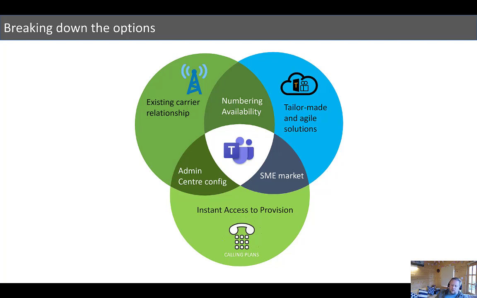It's very easy to create custom and tailored solutions around direct routing that involve things like on-premise equipment, other third-party telecom services, which make direct routing quite a flexible and, as we say, an agile solution. And then the other thing that direct routing shares with Operator Connect is that wider availability of countries and numbering, which really does make it a more appealing product compared to the calling plans, where that scope and reach is quite limited.